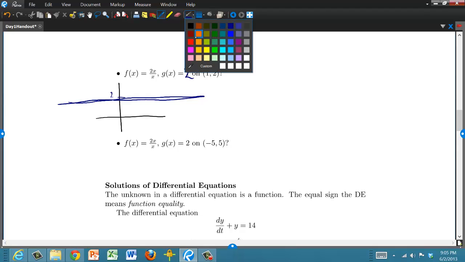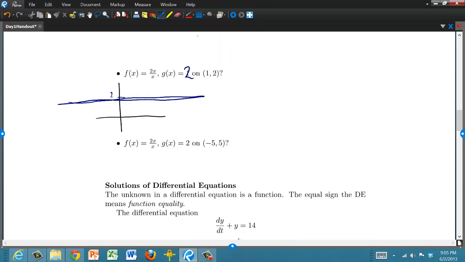Okay, let's go ahead and plot f of x. Now, you should just by nature want to say 2x over x, that's 2. But is that correct? Well, certainly for lots of x's that's correct. But what about at x equals 0? At x equals 0, f of x is not defined, right?